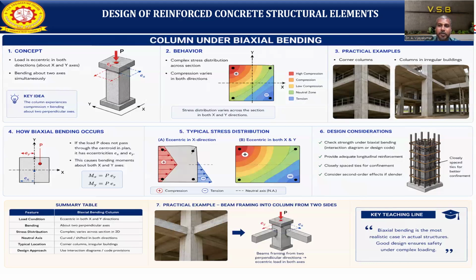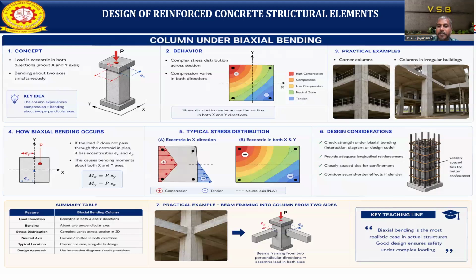Because of this load, the moment is also caused in both directions, x and y. How to calculate the moment: moment in the x direction equals load times eccentricity in the y direction, and moment in the y direction equals load times eccentricity in the x direction. We can count the moment in the x direction and the moment in the y direction, and based on the moments we can provide the reinforcement.